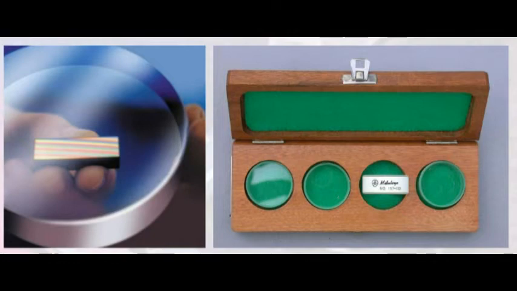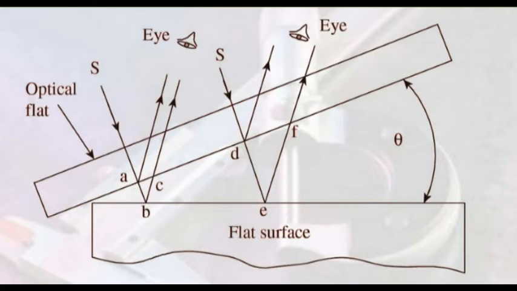Now we are going to identify whether the surface is flat or not. So see this figure. Consider a ray of light from a monochromatic light source falling on the upper surface of the optical flat. Here one monochromatic light is coming from the source.